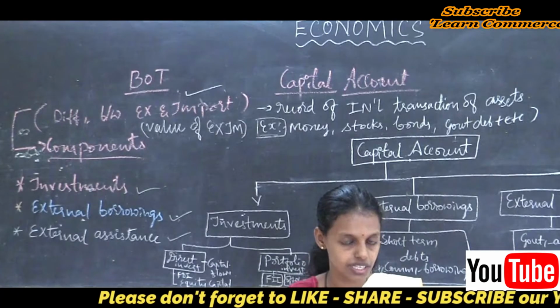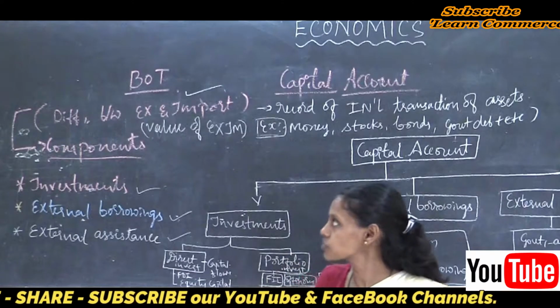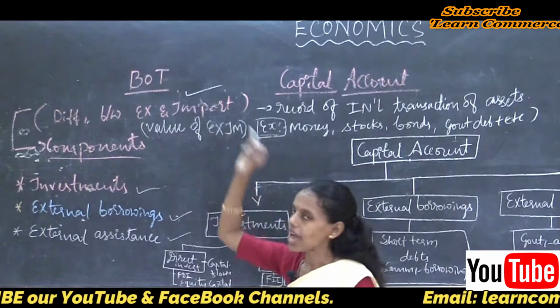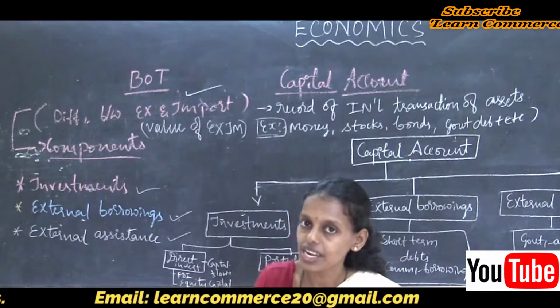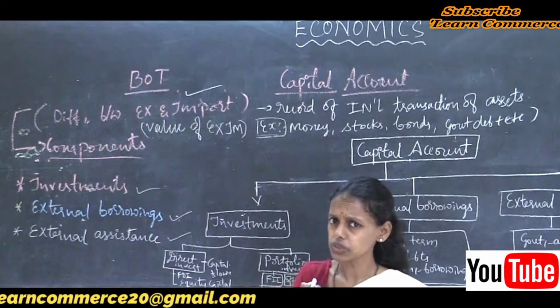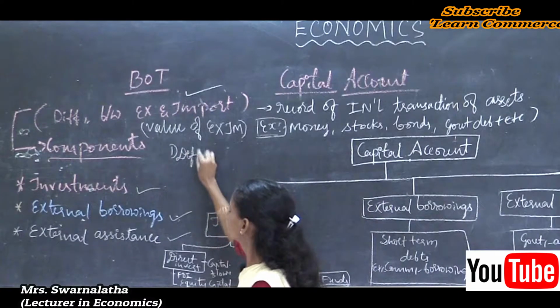Balance of trade includes three kinds. One is deficit balance of trade, another is balanced balance of trade, and the other is surplus balance of trade. First, deficit balance of trade.